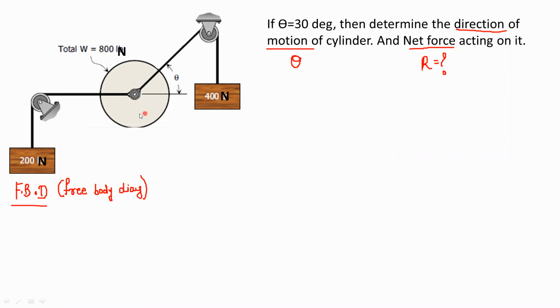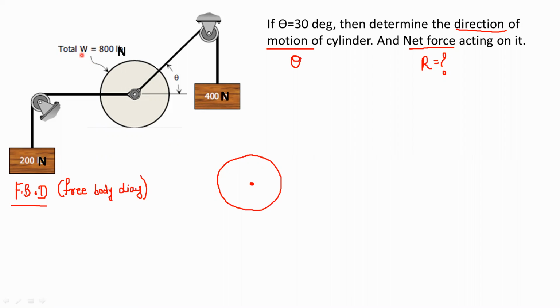So how can we visualize this? We will draw only the FBD for this cylinder. That means just separate out this cylinder, draw the diagram only for this cylinder, and then show the forces acting on that cylinder. So this is the cylinder from this system.